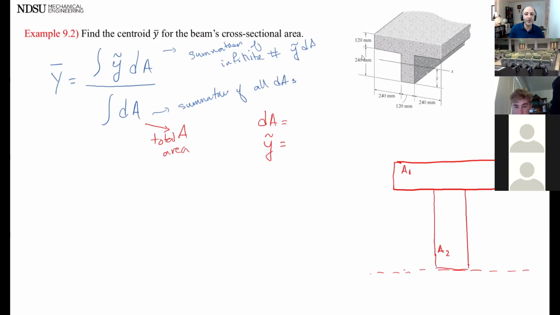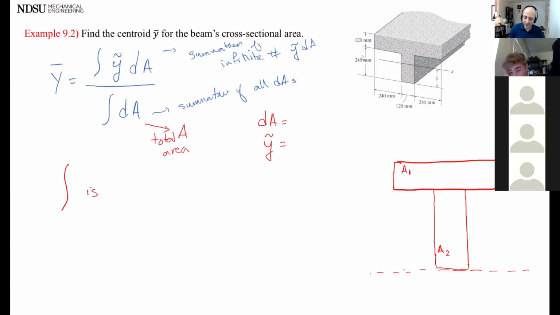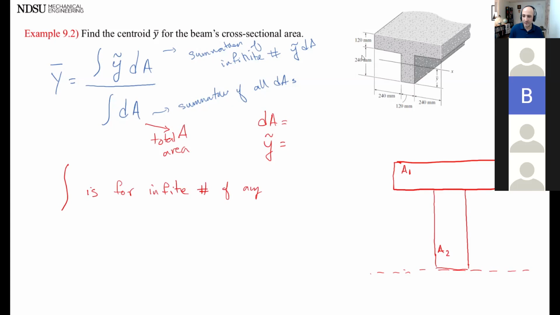The integral is for an infinite number of anything. What do you use when you have a finite number of something? Summation.